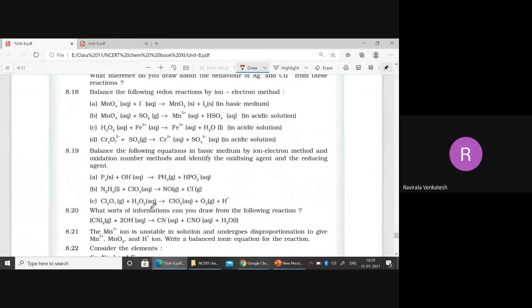और नेक्स्ट बैलेंसिंग में आ जाओ बेटा, बैलेंसिंग में अगर कुछ डाउट्स है तो पूछ सकते हैं इसमें, 8.18, 8.19, if you have any doubts you can ask me now, 8.18 or 8.19. Everything is completed. These are all acidic mediums beta, and this one is the basic medium, and these are all basic mediums. There are 4 basic mediums given, 3 acidic mediums given.